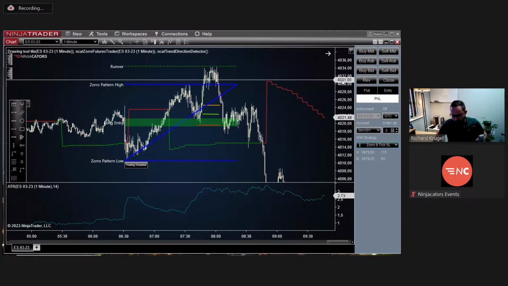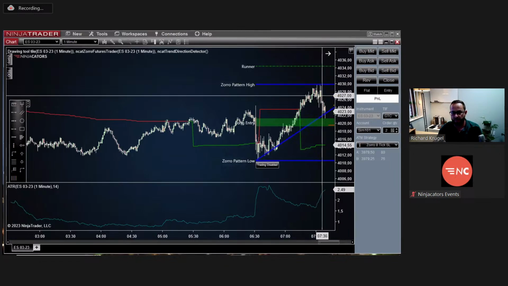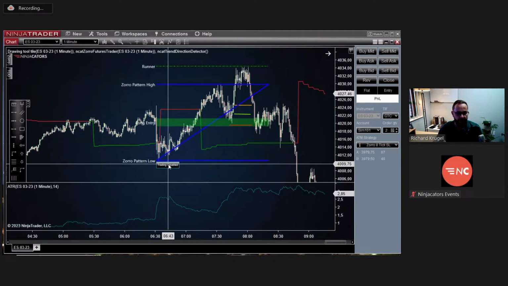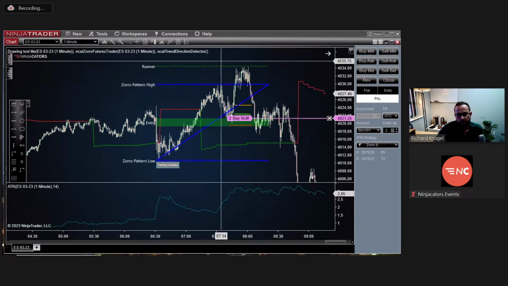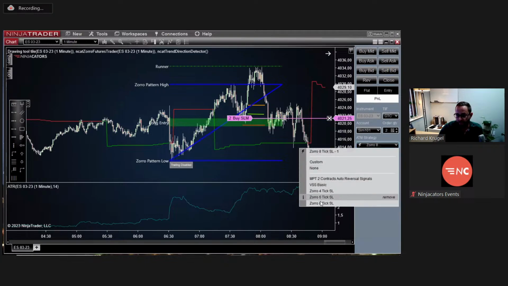Assume that we were sitting here somewhere, I drew in that line, and price started moving lower, right? I would then enable the automated feature for it to take a trade for me. Again, you have to have an ATM strategy attached to this, which is why I mentioned I've got 3 different ones here, a 4, a 6, and an 8-tick.